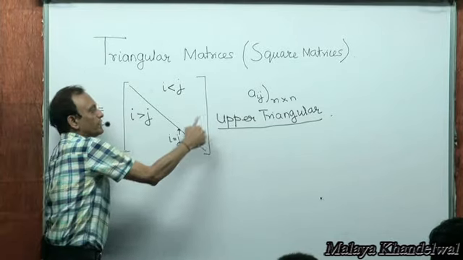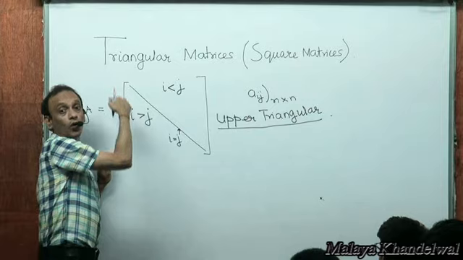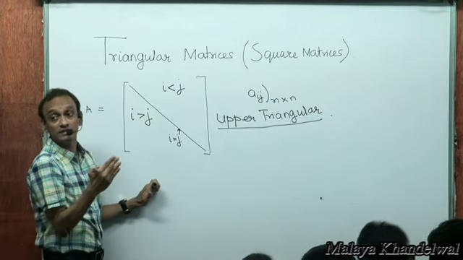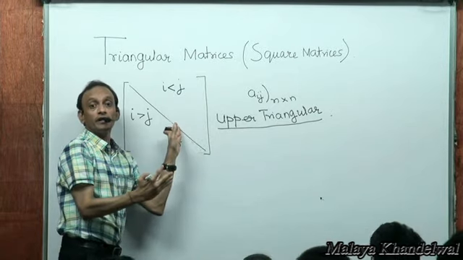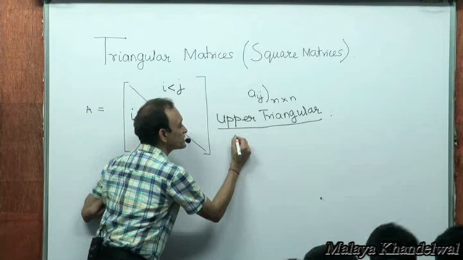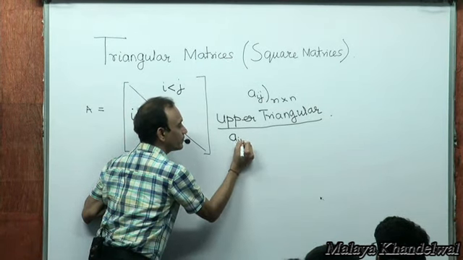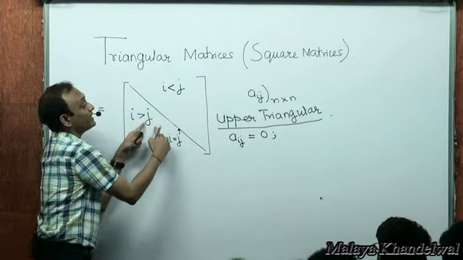In the upper triangular matrix, all elements below the diagonal will be 0. Only the non-zero elements will lie on the elements above the diagonal. That means in the upper triangular matrix, Aij will be 0 for I greater than J.